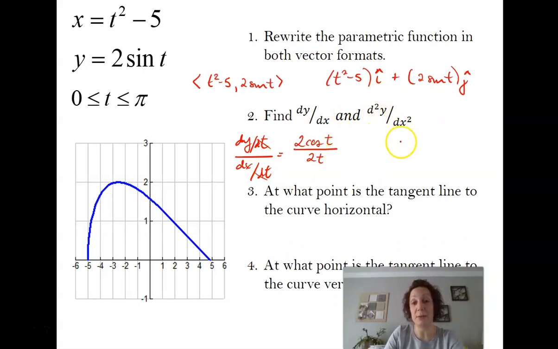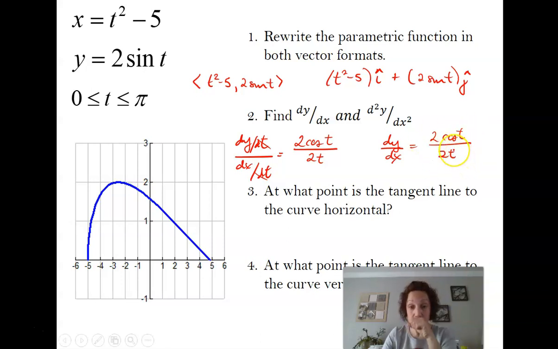Now, we did this back in the day, but again, just a little reminder, if you're doing a second derivative, what you have right here is dy/dx, but it's in terms of t. So when you take the derivative, remember you're taking the derivative of this with respect to time, right? So you may remember there's a little trick to this, right?